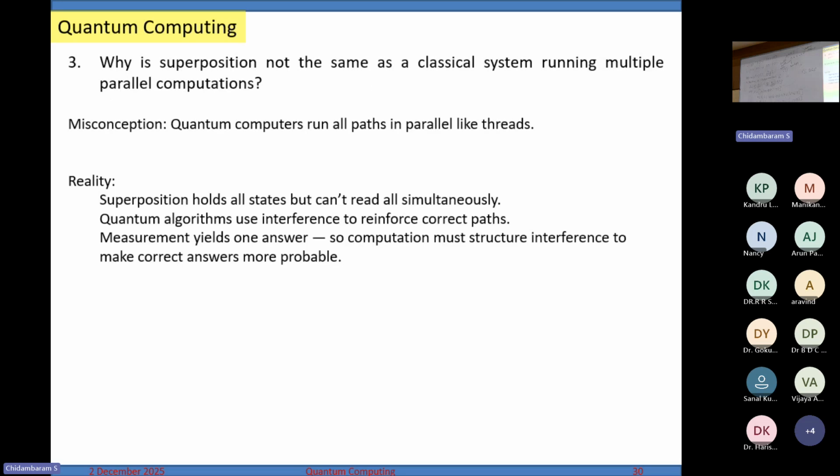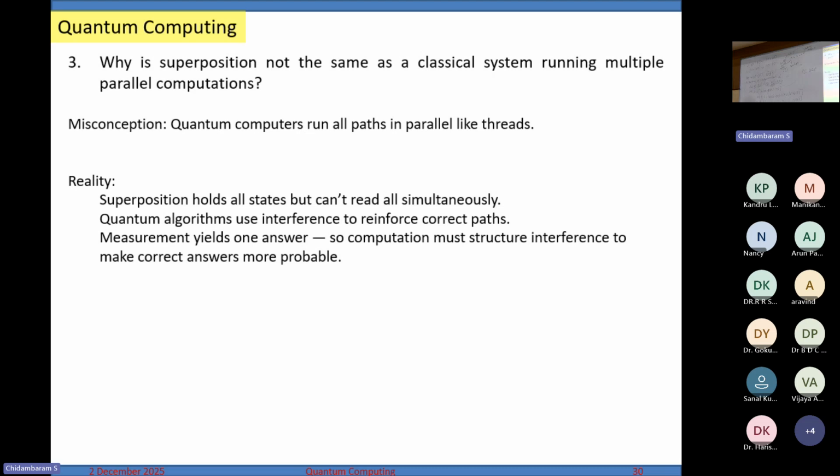Another interesting thing people think is, sir, superposition means I'm doing multiple things in parallel. So is it a parallel computer? I run multiple threads in Java. Can I say my classical system with multiple parallel computations can be called quantum?